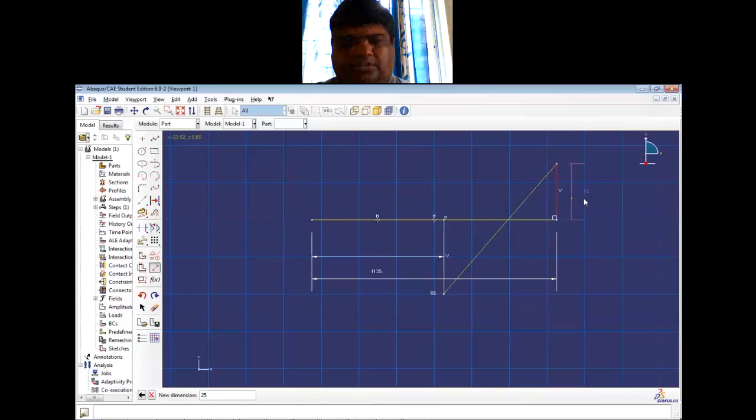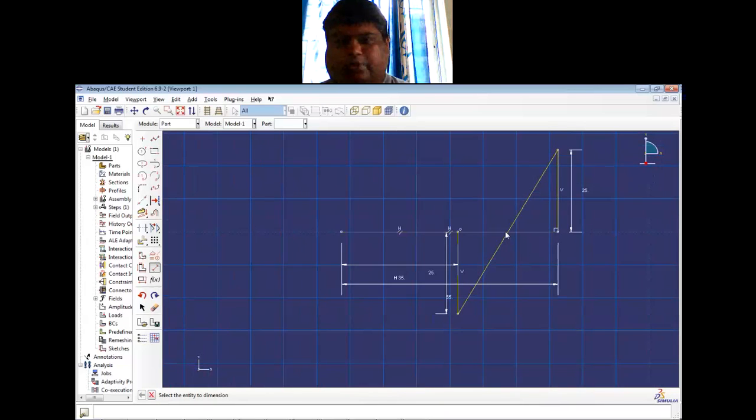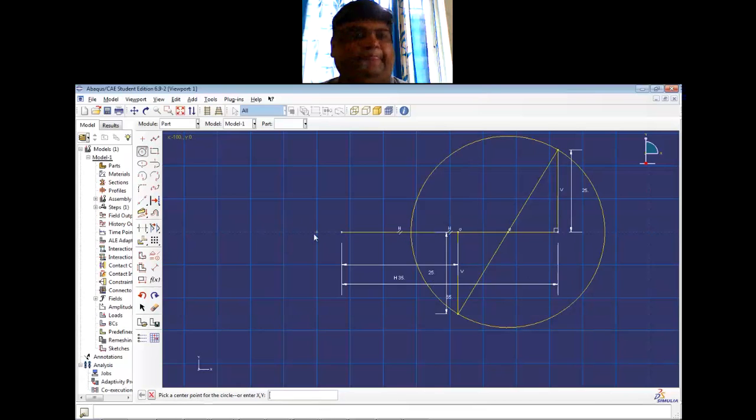This is 25. This is also 25. Right? So they are intersecting at this point. Now I have to draw the circle with this as center and this will be the radius. So I got the Mohr circle now.